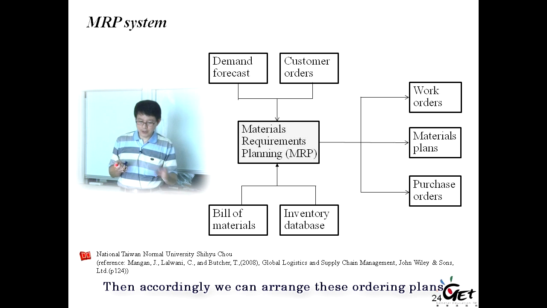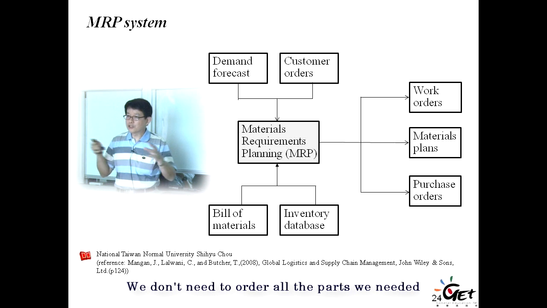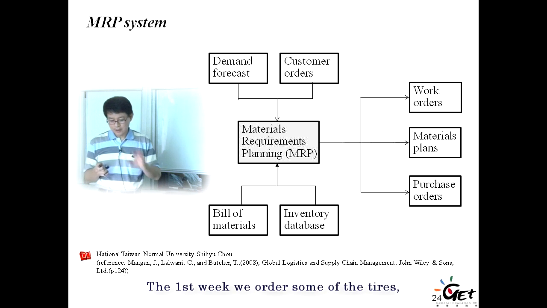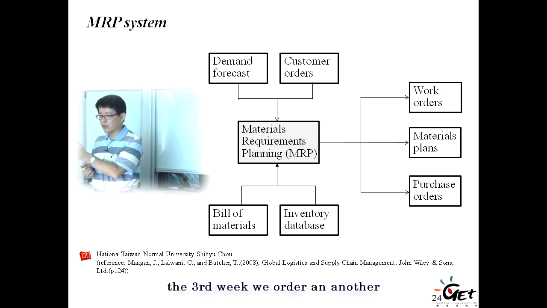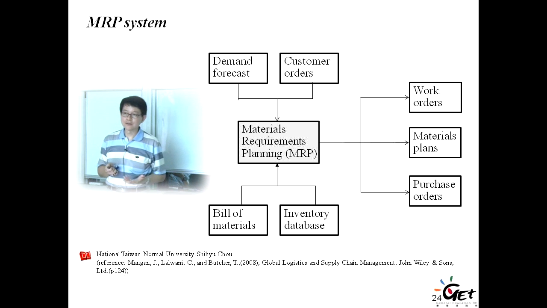Then accordingly we can arrange these ordering plans. We don't need to order all the parts in the beginning. We just say the first week we order some of the tires, and then maybe in the second or third week we order another batch of tires.